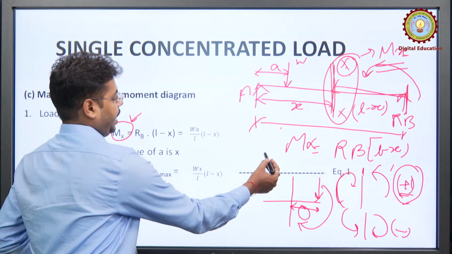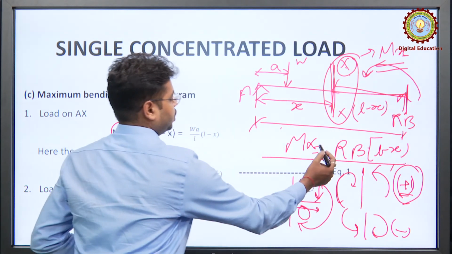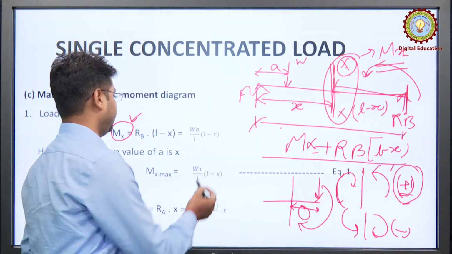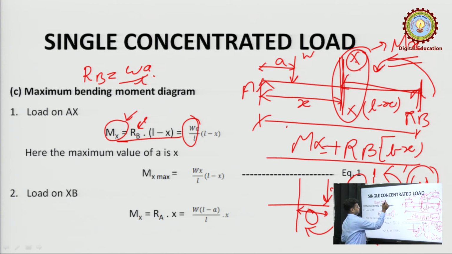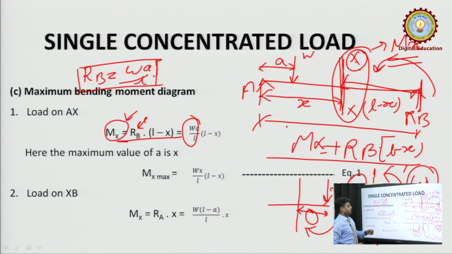Now we have the moment equation: Mx equals positive of RB into L minus x. We know the value of RB is Wa upon L. Now we can find Mx.